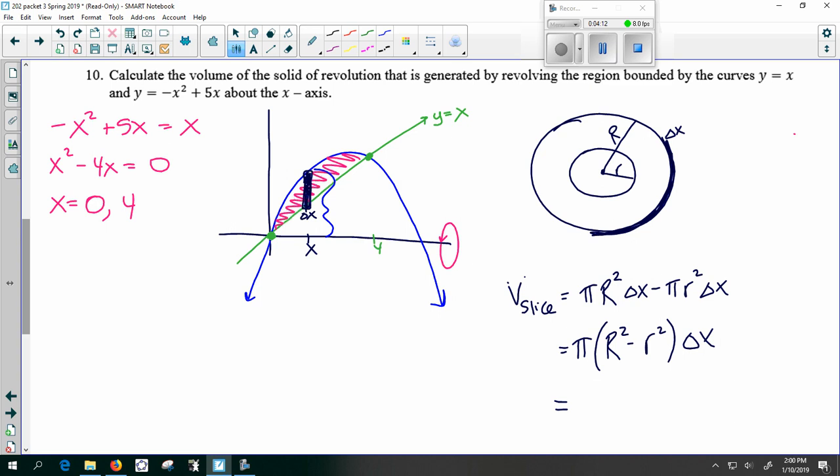So that's my big R. So this is going to be pi times big R, negative x squared plus 5x. Okay, that's big R. We got to square it. And then little r is the distance from the center, which is the x-axis, what I'm rotating around, to the green curve, which is x. Okay, so that is the volume of a single slice.